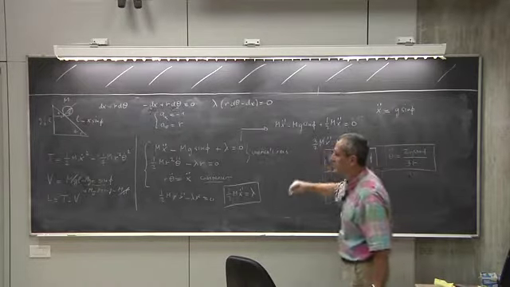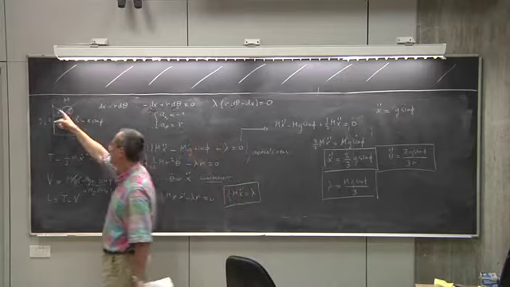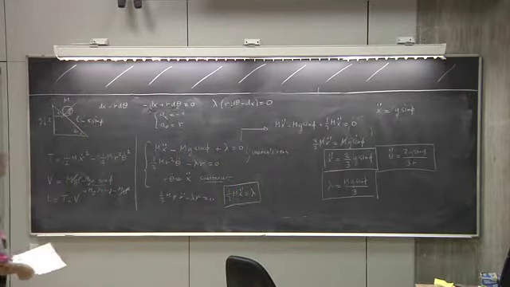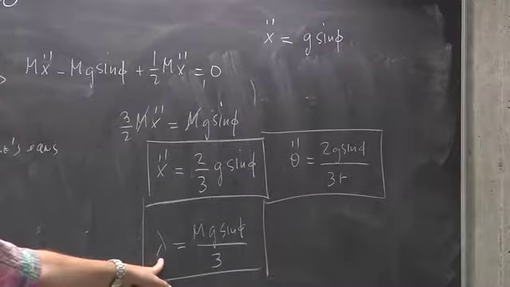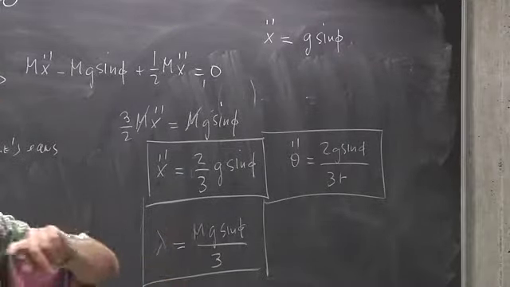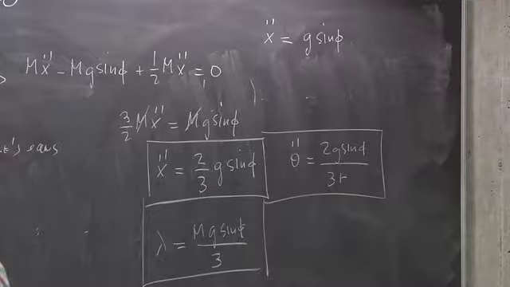It's just a component, falling down this way. So how come I have only 2/3 of that? Well, 1/3 of that has gone into the lambda. So in a way, it has gone into the constraint, okay?